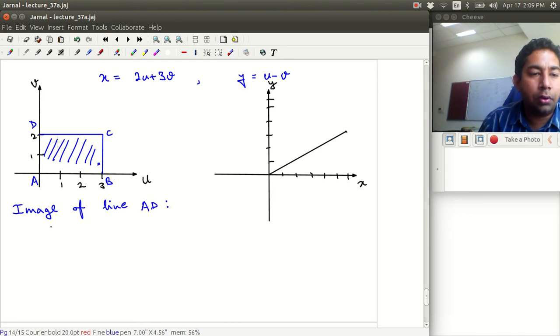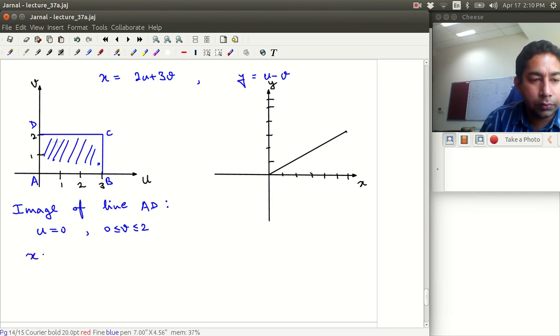Okay, what do we know on AD? On AD, u is 0 and v is going from 0 to 2. So you again bring back the formula for x and y.